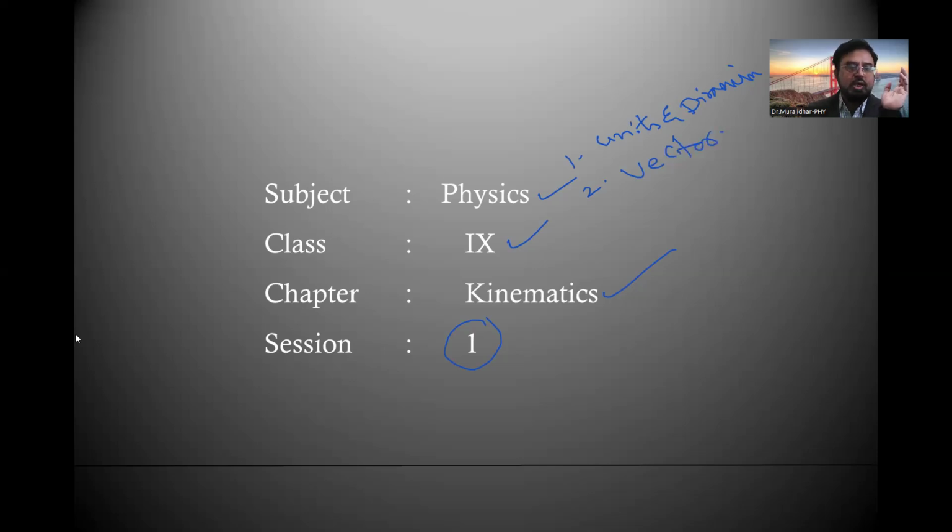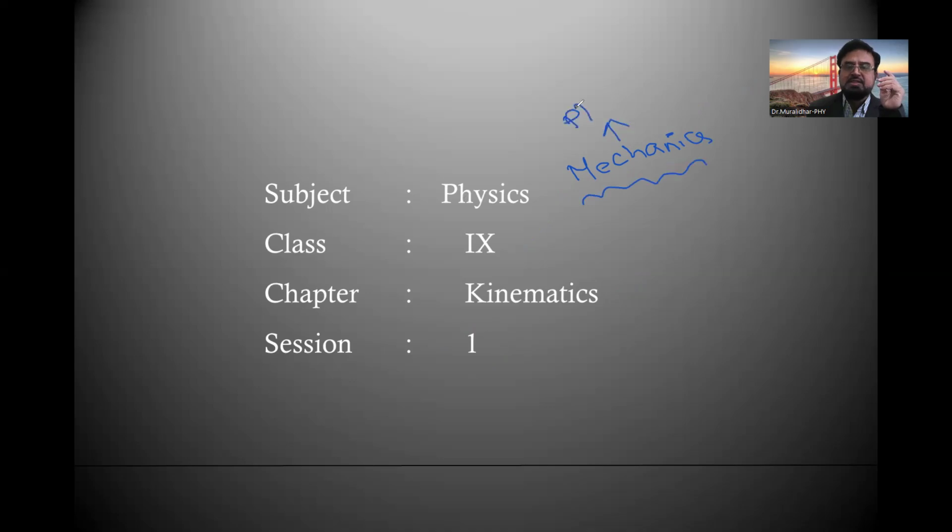So before knowing about kinematics, the main part of this is called mechanics. Kinematics is a part of mechanics. Of course, mechanics is a part of physics, and physics is a part of science. Correct or not?